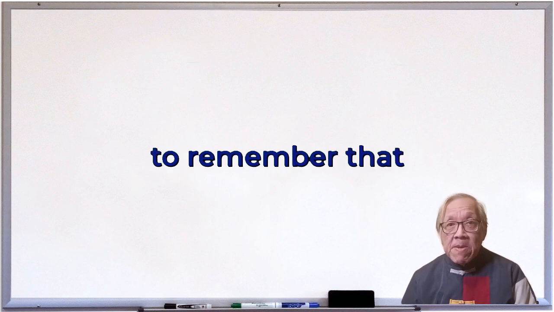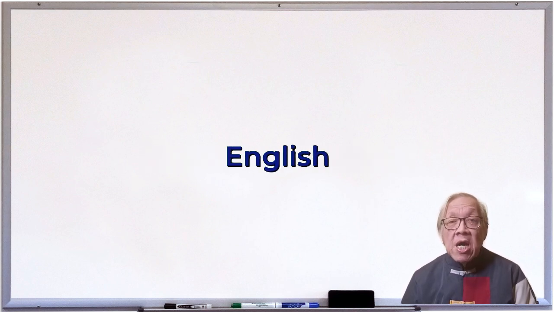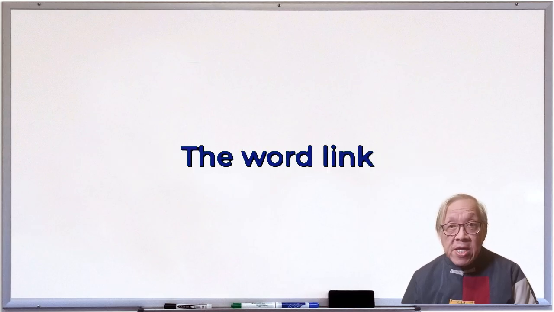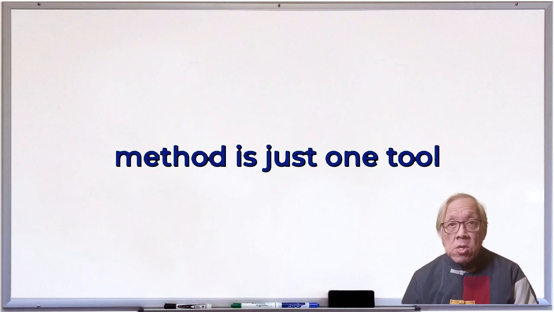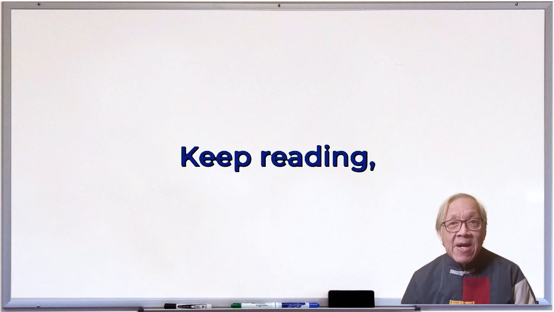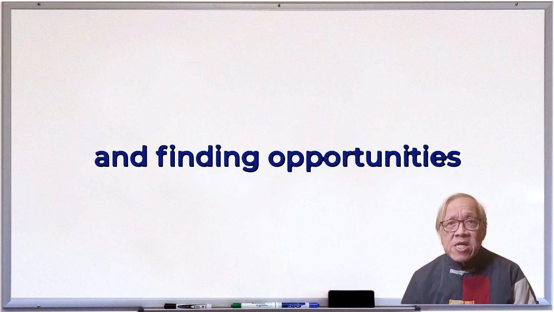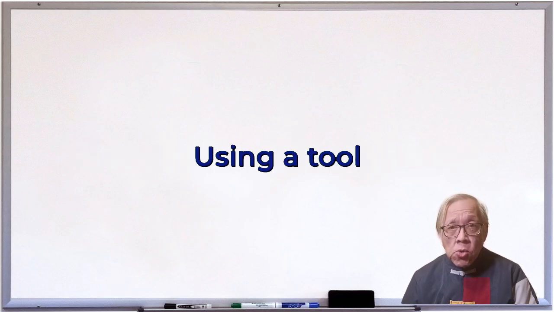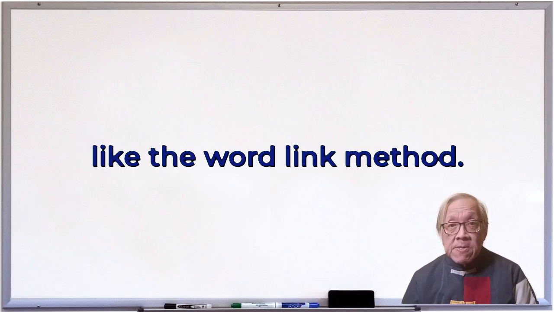It's important to remember that becoming fluent in English takes time and practice. The Wordlink method is just one tool to help you on your journey. Keep reading, listening to English, and finding opportunities to speak as much as you can using a tool like the Wordlink method.